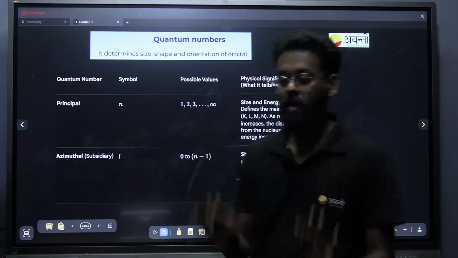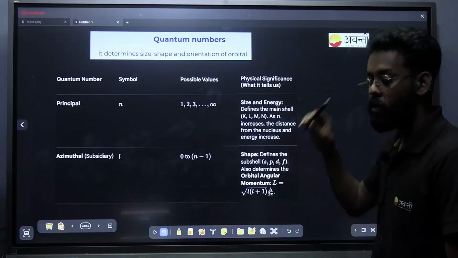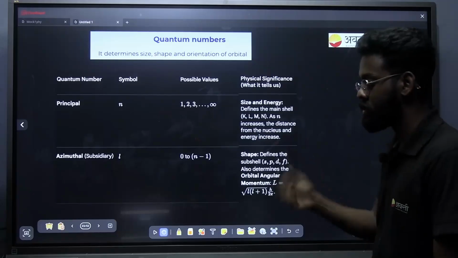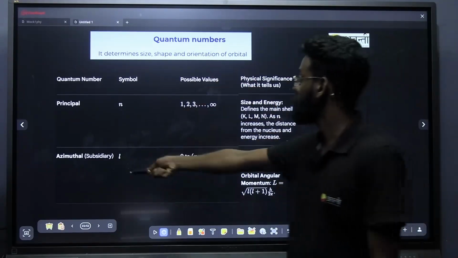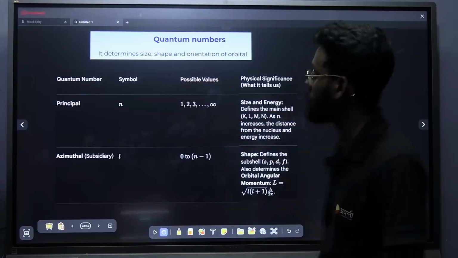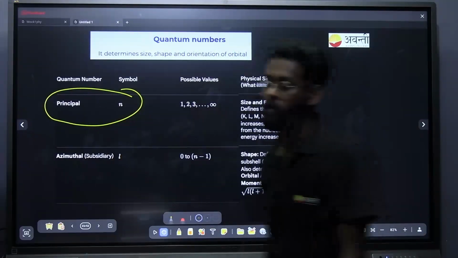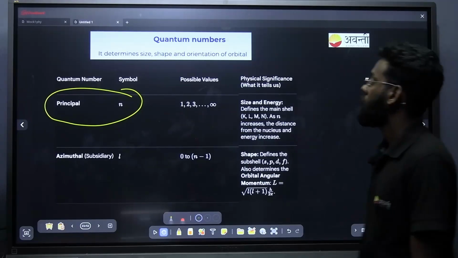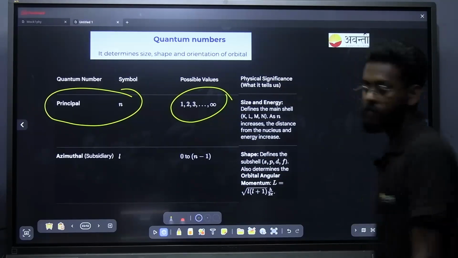Like that, an electron in an atom also has an address. To know the address or position of an electron, we should know some details of it. Those details are the quantum numbers. First I will find the principal quantum number of an electron, and its value can be n equal to 1, 2, 3 to infinity.